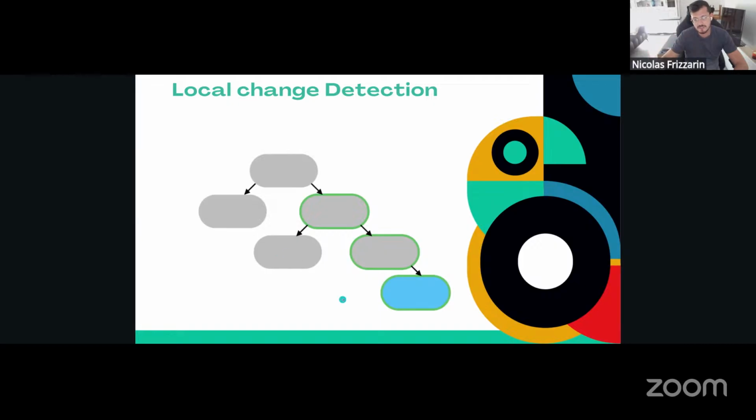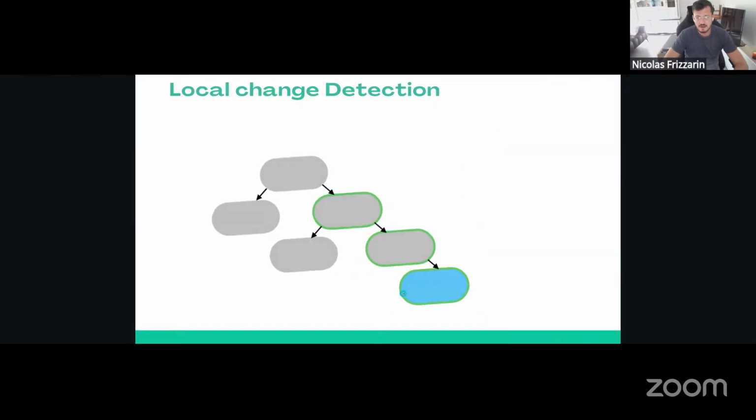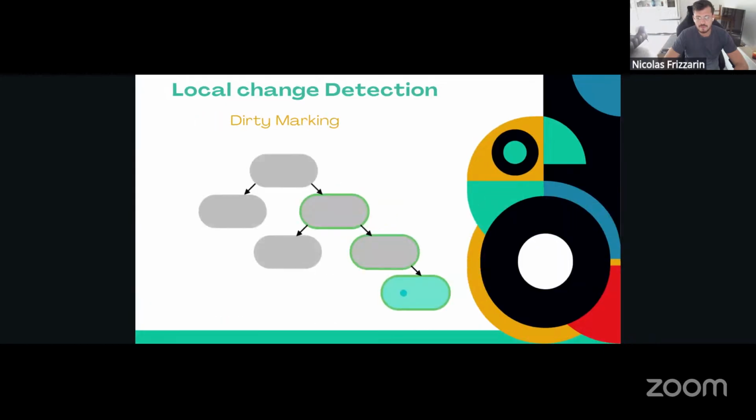So now imagine a user clicks on a specific button. This click raises an event that calls a specific function, and inside this function we set a new value for these signals. Very important thing to keep in mind: these signals are read by the templates. So at this moment, only one component will be marked as dirty.